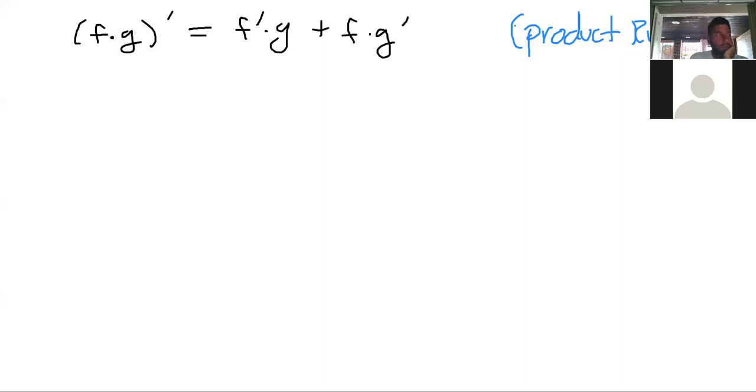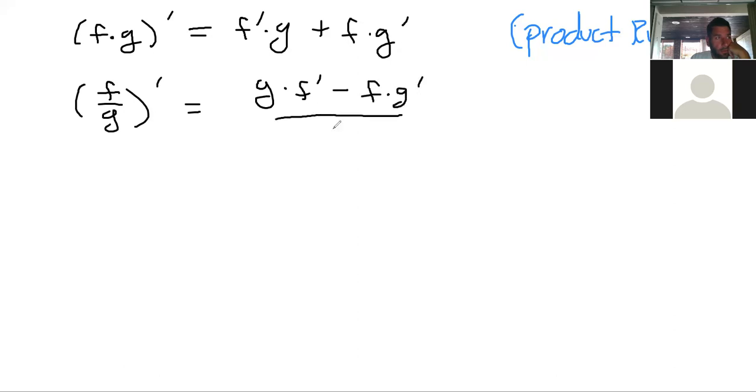A closely related rule is if I want to compute the derivative of a quotient, it's done like this. This is called the quotient rule.